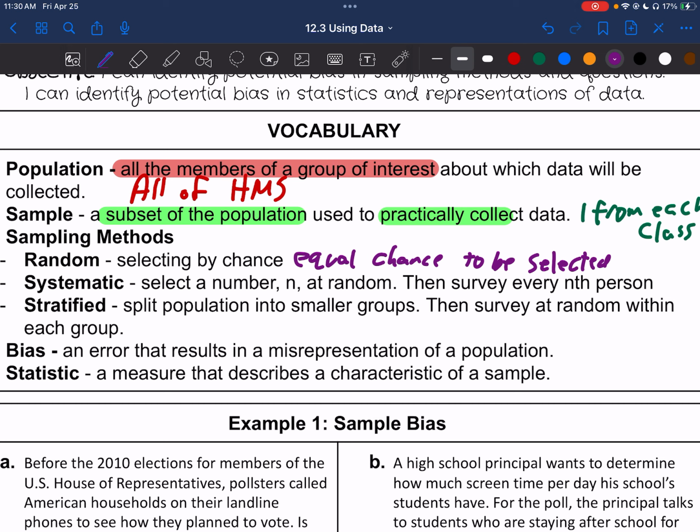Our third sampling method is stratified. And this is where you split the population into separate groups and then survey at random within them. So this would be like if we were trying to sample Huntley Middle School, we're going to split by grade first.